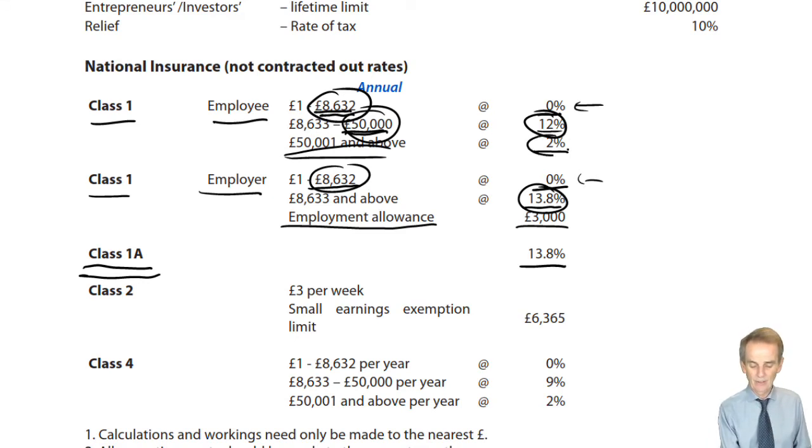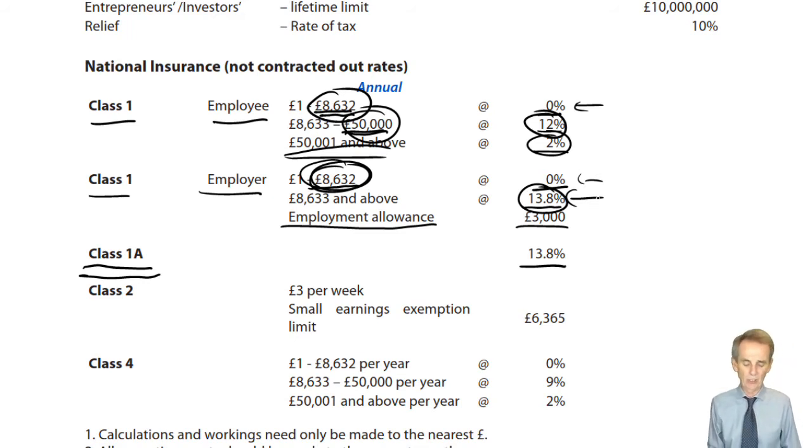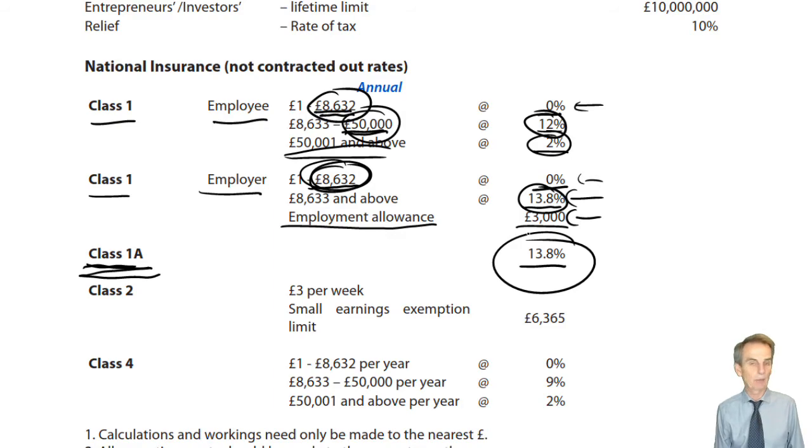Above 50,000, it drops to 2%. For the employer, go above that lower limit of 8632. There is then no upper limit. It's 13.8%. If ever required to compute the total employer's NICs, then an employment allowance of £3,000 would be deductible. If we're asked for it, Class 1A, we are picking up on the taxable benefits provided by an employer to an employee, and that without any lower or upper limits, it's just a standard 13.8%.